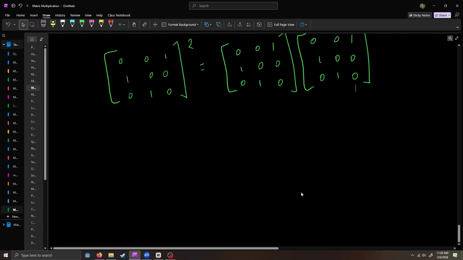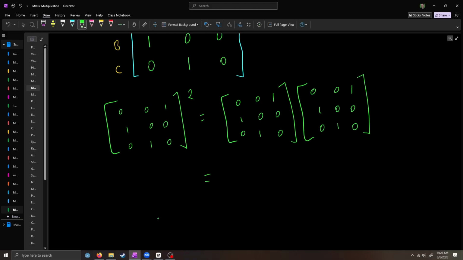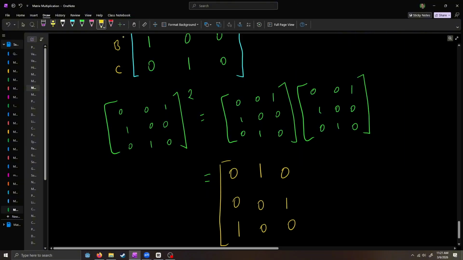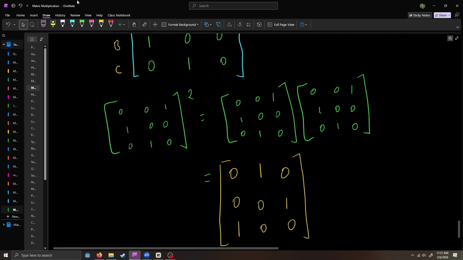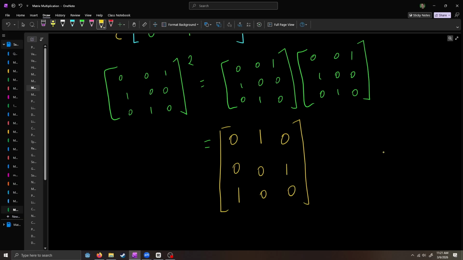Now, if I follow through on those calculations using the standard dot product process, dot product mode activated. So let's see what's going on in this matrix where we have raised the matrix to a power of 2. If I look at the matrix after a power of 2 has been obtained, the ones and zeros have moved to different locations.